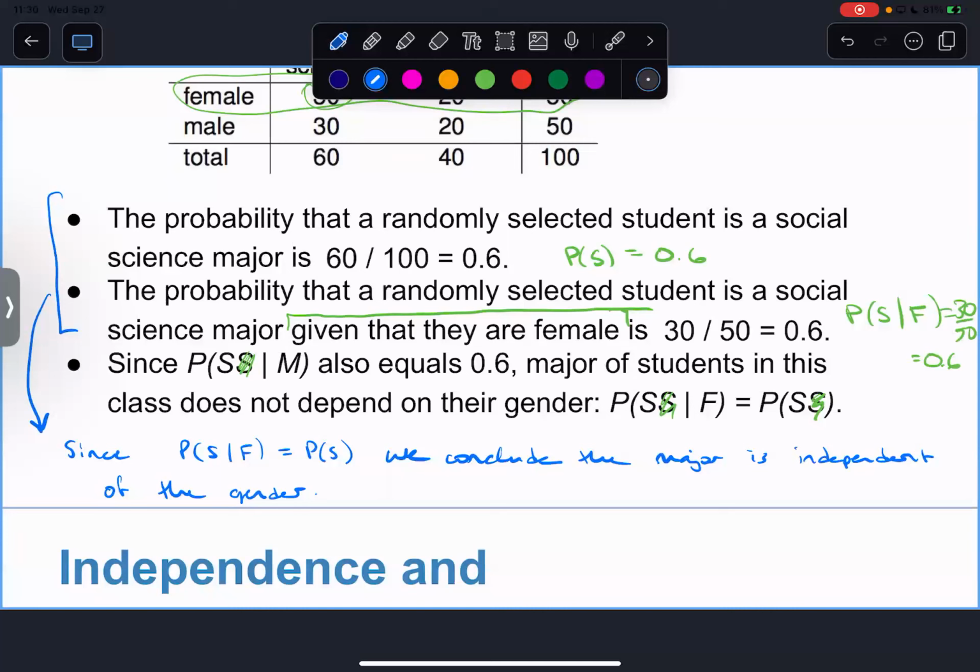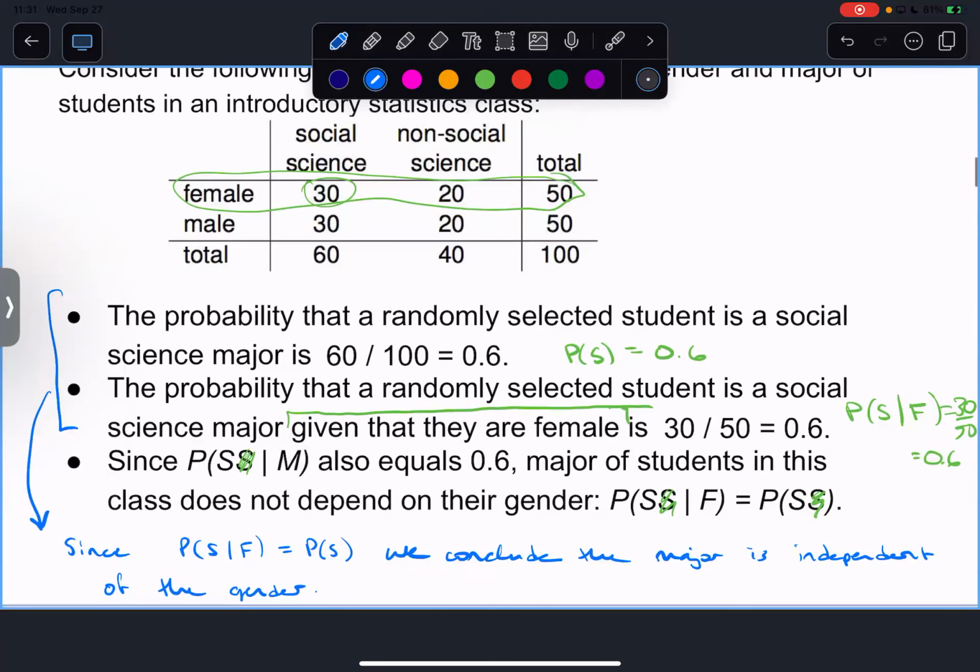Most of this course is going to be me saying, intuitively, you can look at this table and say, I've got a gut feeling that these things are independent. But then I give you mathematical formulas for you to back it up. And that's what we're doing here.